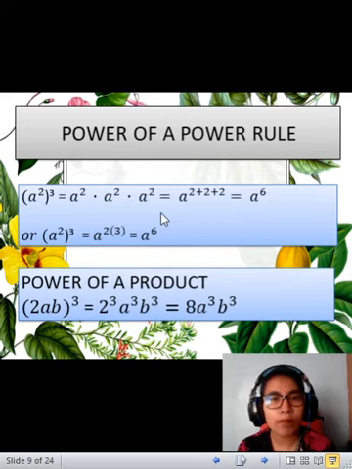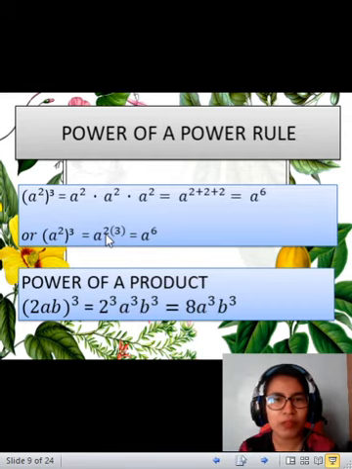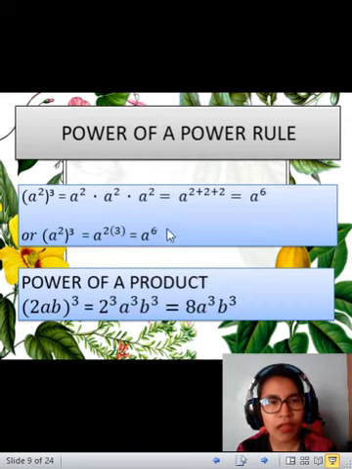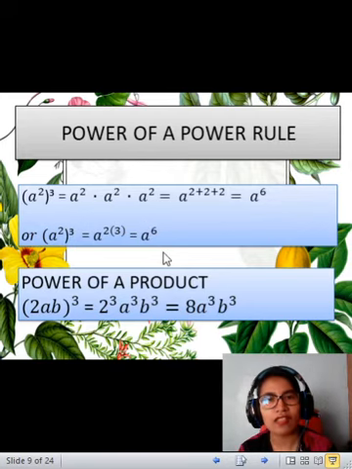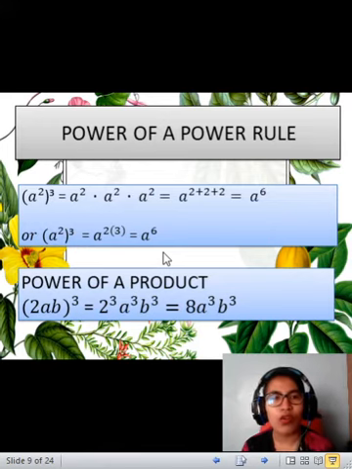Or, in a simple way to write it, just write a squared, then put the other exponent outside the parenthesis, and you will just multiply those exponents. 2 times 3, you will still have a raised to 6. So that is our power of a power rule.